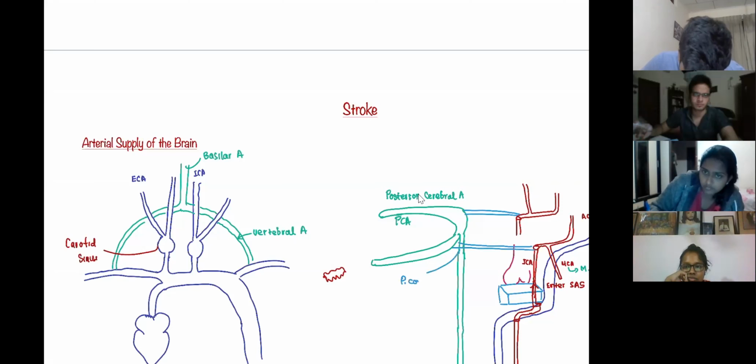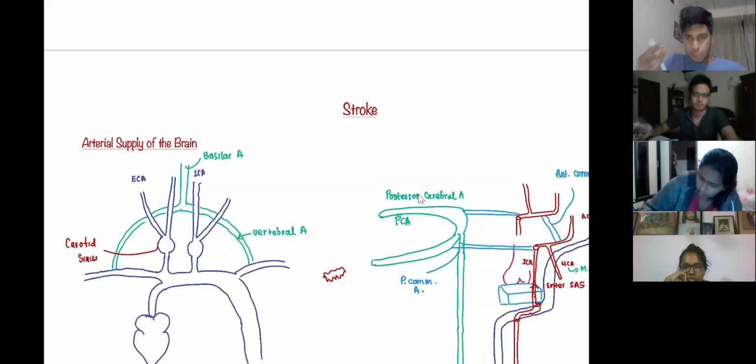And there has to be an anterior connection between the two ACA, anterior cerebral arteries. It is called the anterior communicating artery. Compared to the other arteries, these are smaller.